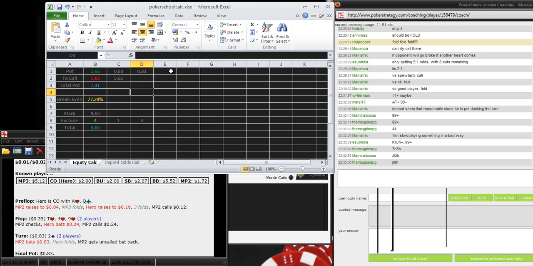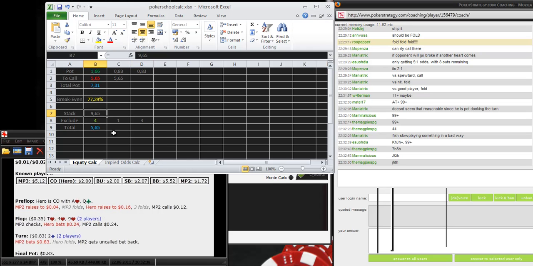And now the question is practically how much equity the opponent could have, and before that we have to know how much we have to call, and at the same time we have to know how much the opponent has left.